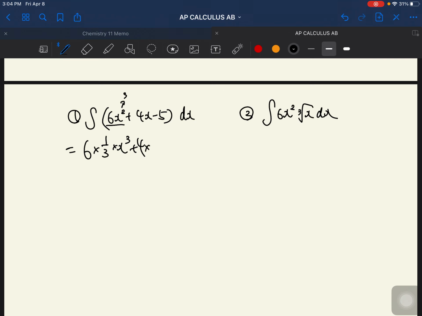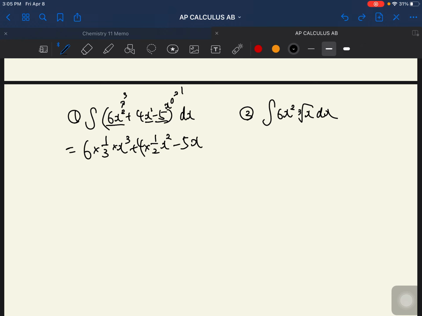For the next one, it's not written here, but actually there's a 1 here, so it is 1 over 2 times x squared. And next one is just simply negative 5x, because you can write this as x raised to 0. If you add 1, it's going to be 1 over 1 times x to the power of 1, so you don't need to write it.